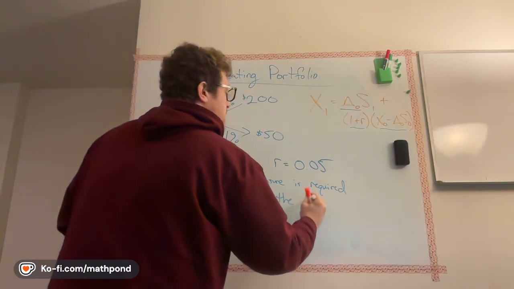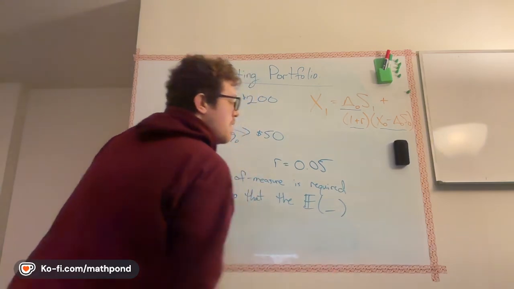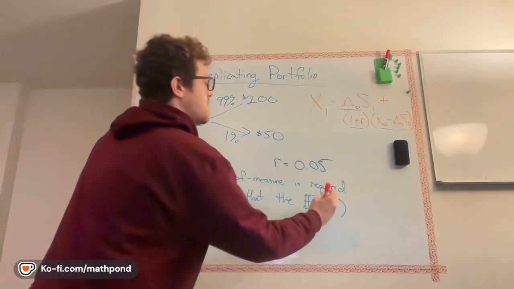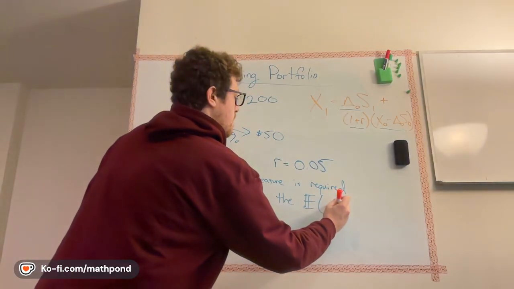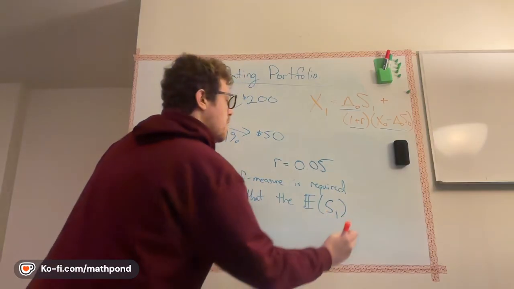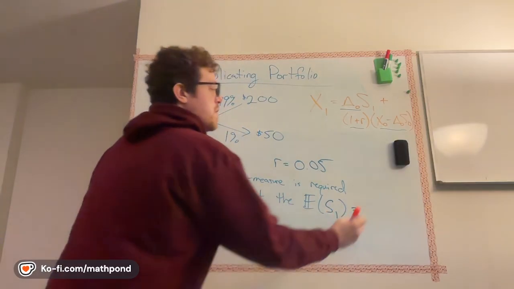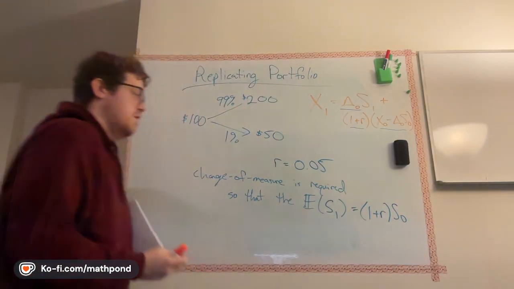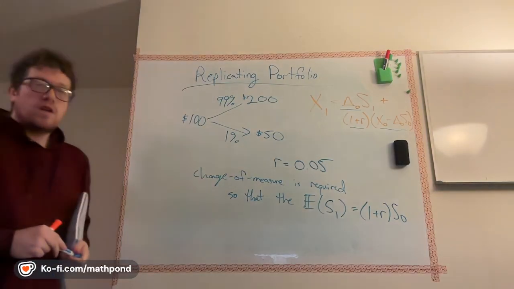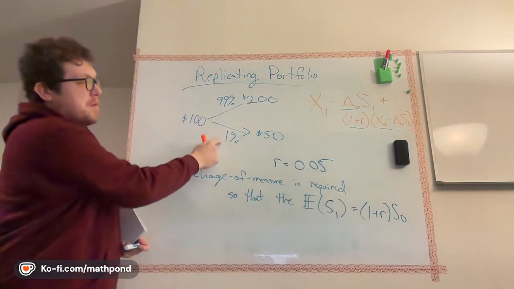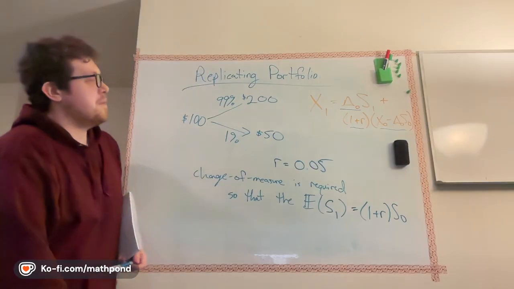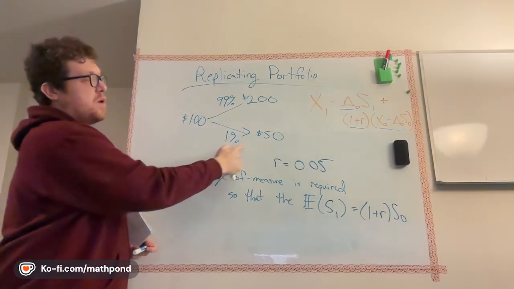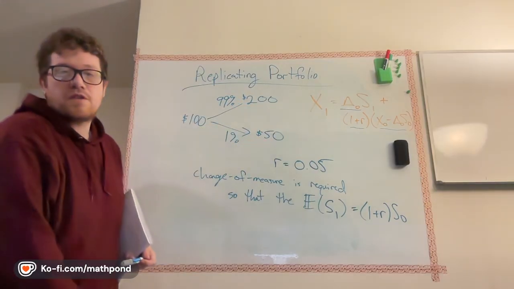So that the expected value of S1 at time 1 is the risk-free rate times S0. In the real probabilities, maybe this is just an amazing company and it's going to double every year unless there's a 1% chance they go through some crazy event.